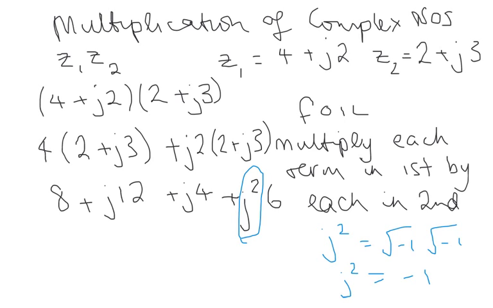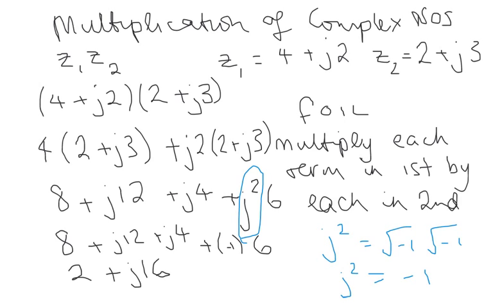So we can use this to simplify. 8 plus j12 plus j4, and replace j squared with -1 plus -1 times 6. Simplifying here, we have 8 subtract 6, that is 2. And j, 12 plus 4 is 16, so that's j16. So when we're working out the multiplication of complex numbers, always use j squared to simplify as -1 if possible.